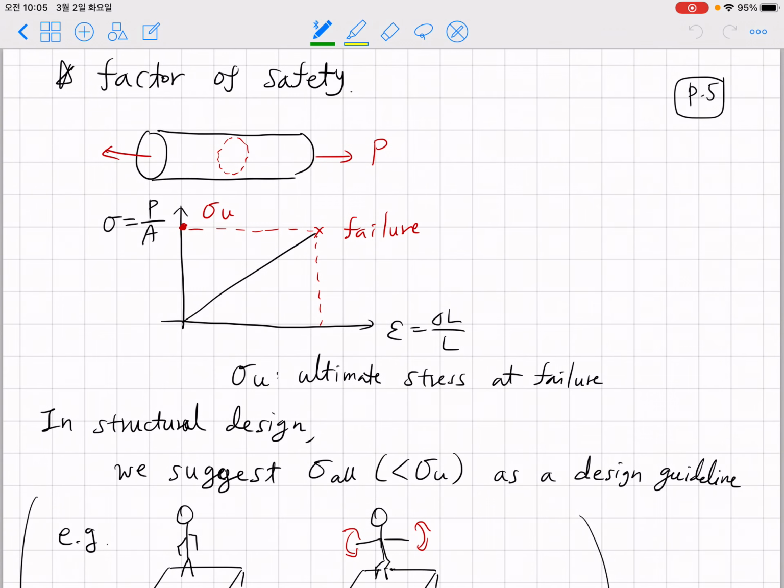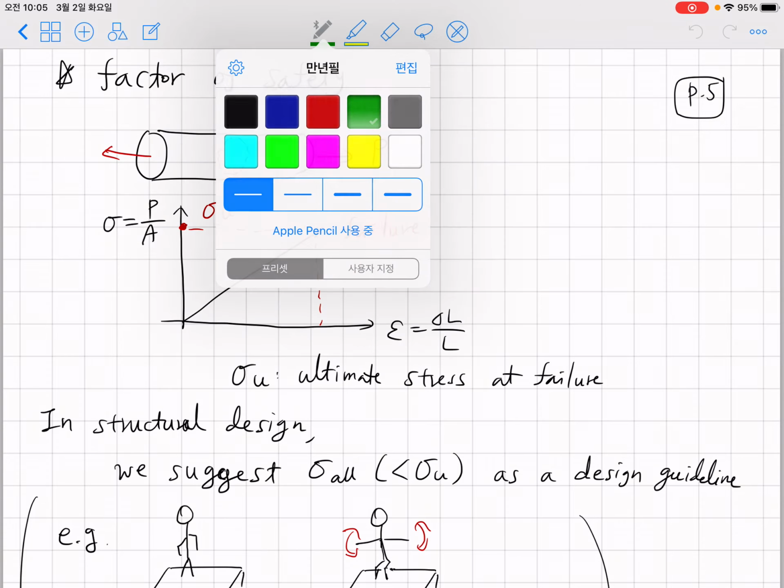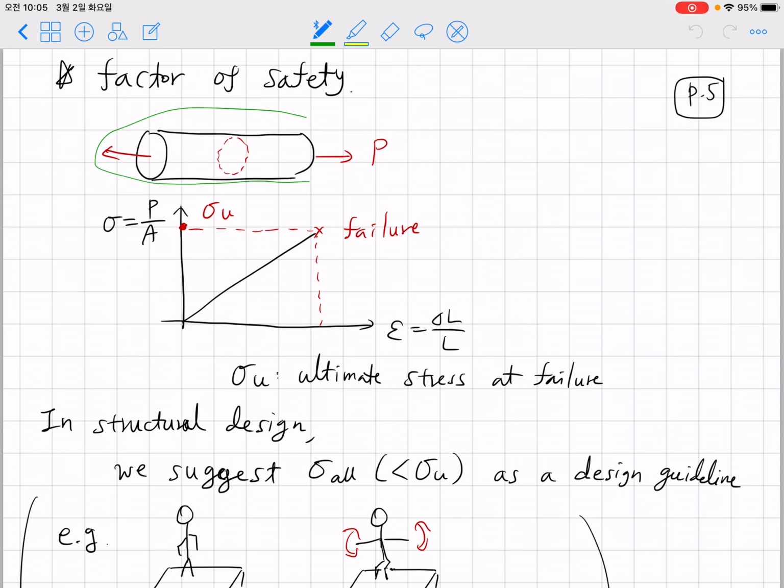Now, let's have a brief discussion about factor of safety as the final topic of this video clip. Suppose that you are measuring the material property by doing tension experiments, and you have the area A and force P. If you draw the stress and strain relationship, this is what you're going to get for a typical brittle material, such as glass.